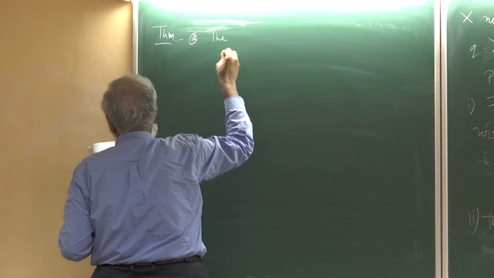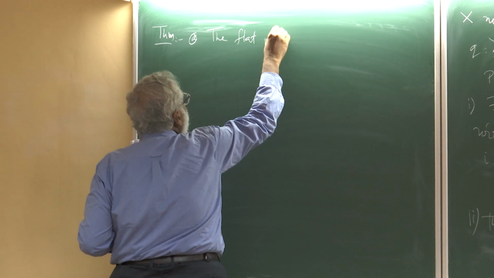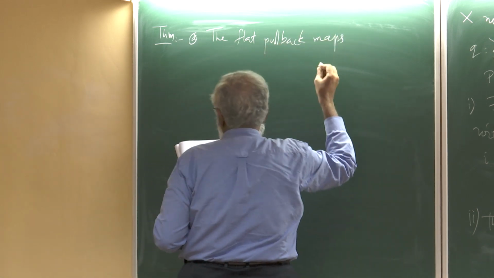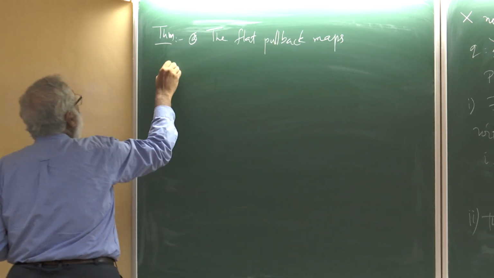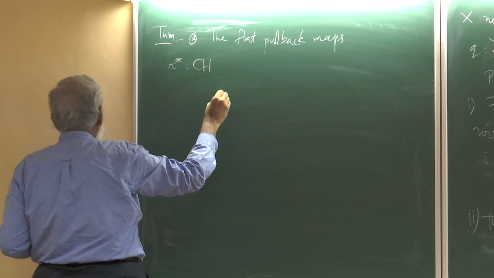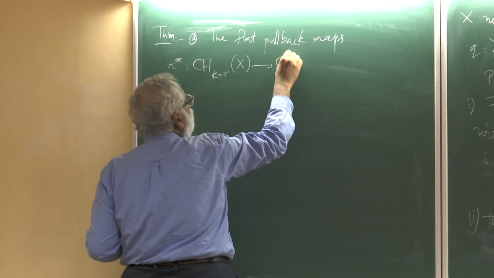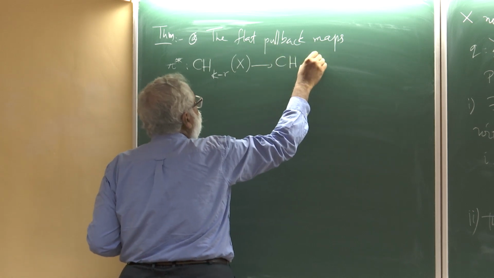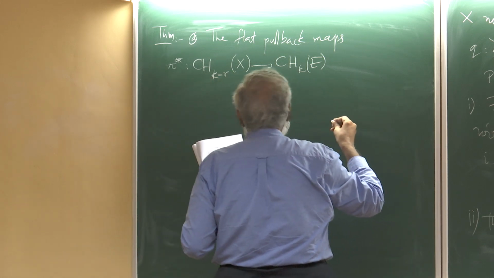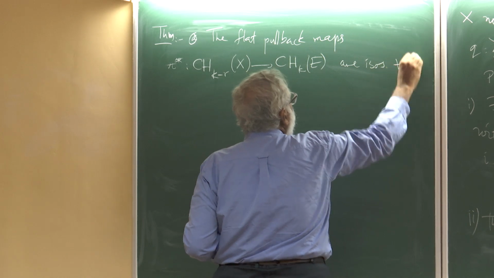The flat pullback maps pi upper star from Chow k minus R of X to Chow k of E are isomorphic for all k.